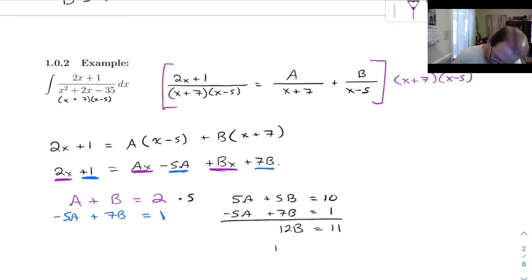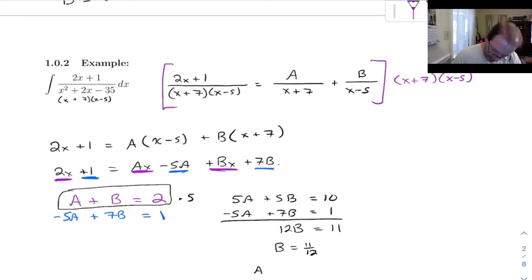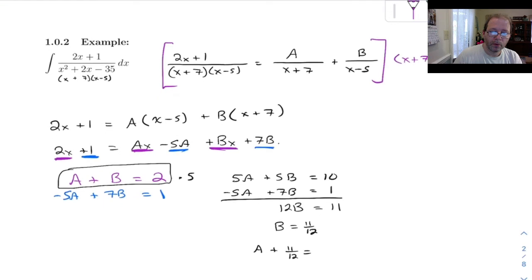So B is 11 over 12. And then to get A, I'm just going to plug back into this equation here. A plus 11 over 12 equals 2. 2 is 24 over 12. So A has got to be 13 over 12.